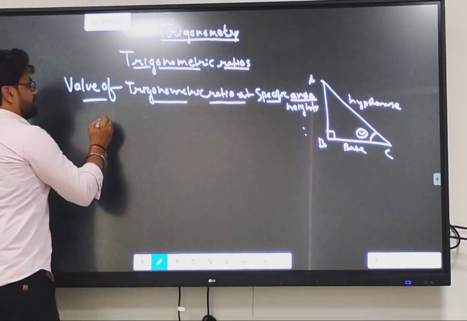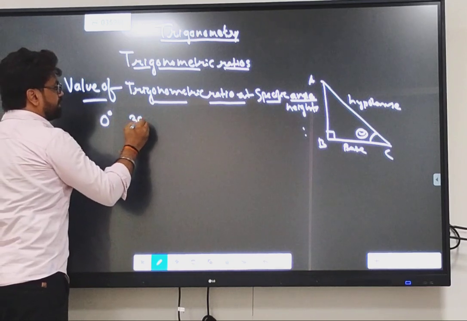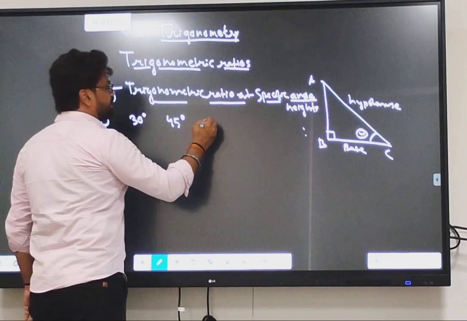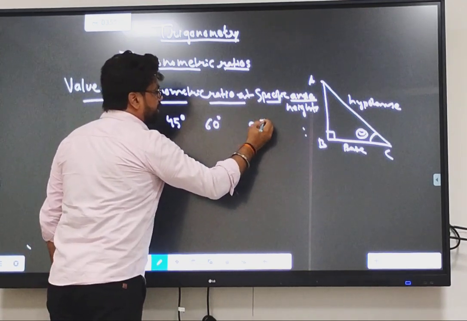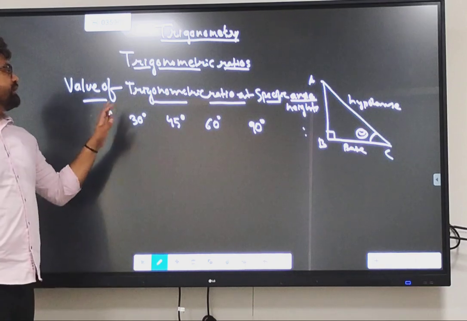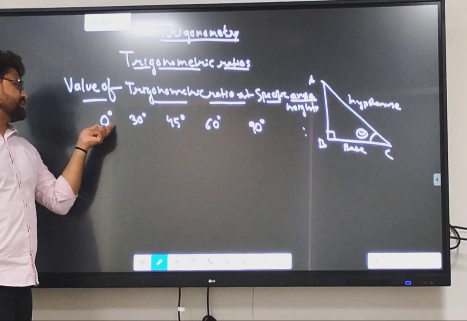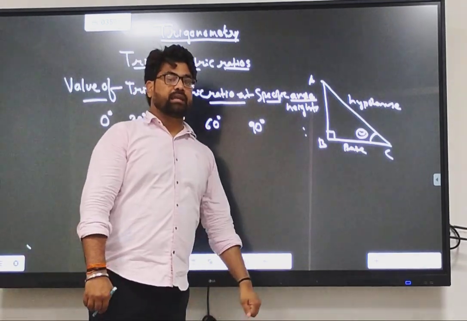Theta will start from 0 degree and then 30, 45, then 60 degree and then 90 degree. So we will be studying the values of trigonometric ratios at only these angles: 0 degree, 30 degree, 45 degree, 60 degree and 90 degree.